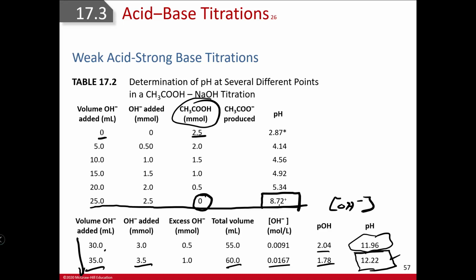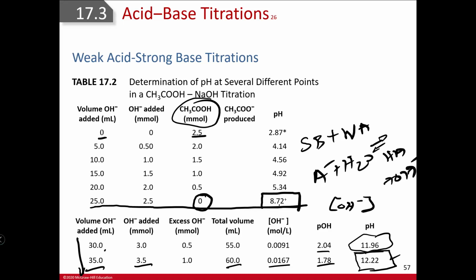And if it's not, you've made a mistake, because if it's a strong base with a weak acid, then the conjugate base of the weak acid will react with water and form the weak acid, and I should use double arrows here, and the hydroxide ion. And that's why this pH is a little bit greater than 7. It's 8.72.